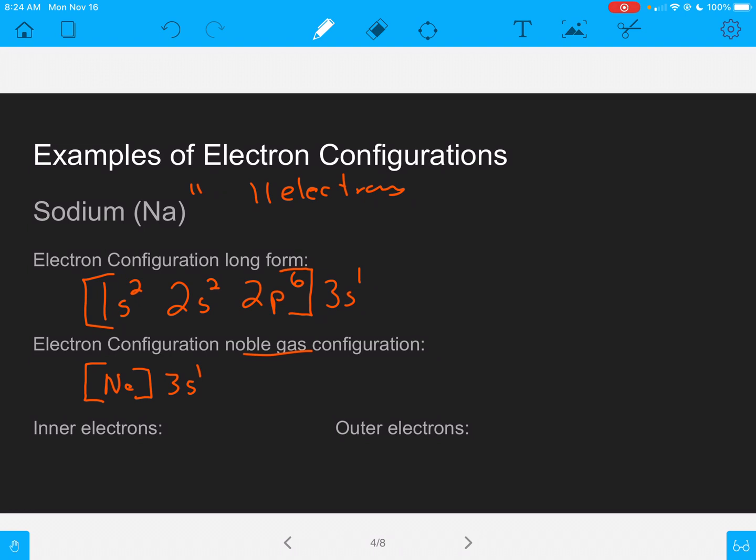Now the inner electrons, that's everything in here, everything in the noble gas configuration. Those are considered inner electrons, and they can't be used for bonding.